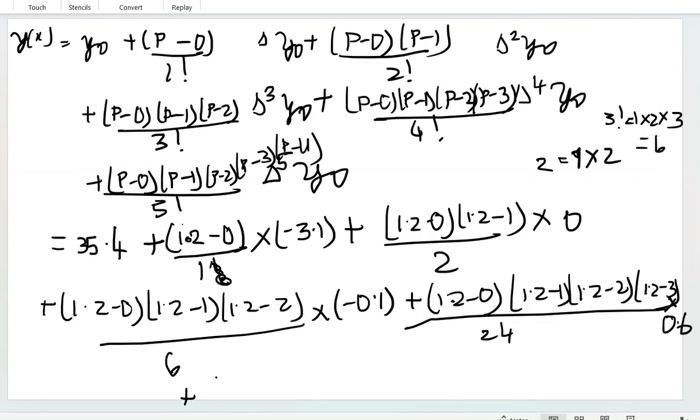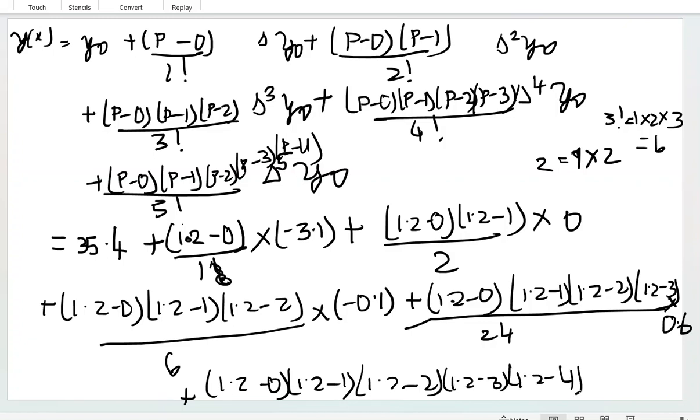And fifth value will be 1.2 minus 0, 1.2 minus 1, 1.2 minus 2, 1.2 minus 3, 1.2 minus 4 upon 5 factorial. You work out, you will get the answer as 120. 5 factorial answer is 120, and delta 5 value is minus 0.15.